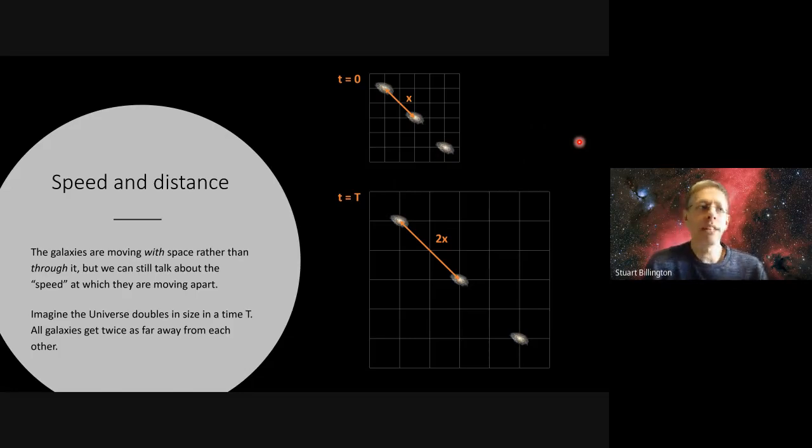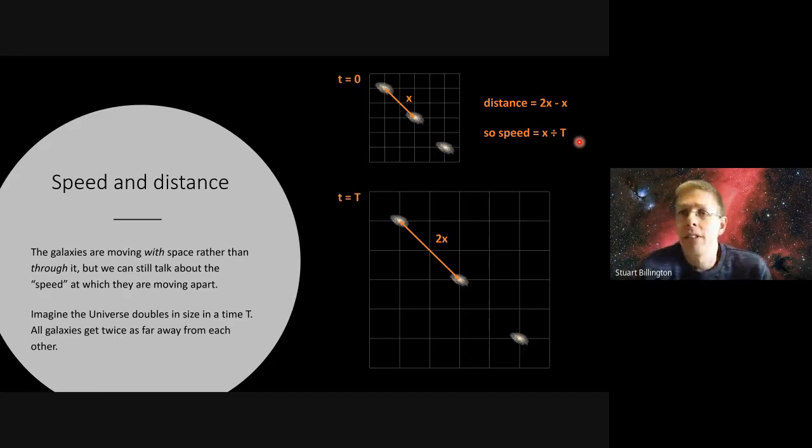So if you were standing right next to the galaxy, you might look at it and go, you don't appear to be moving, because it's not moving through space. But we can still kind of use the idea of speed as distance over time. Those 2 galaxies were a distance x apart, x meters, and now they're 2x meters apart.